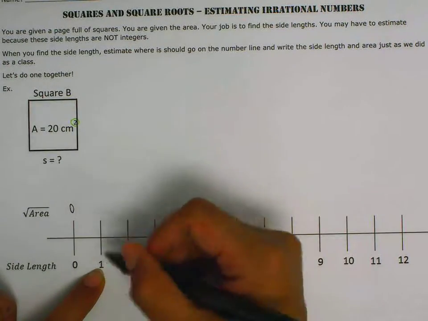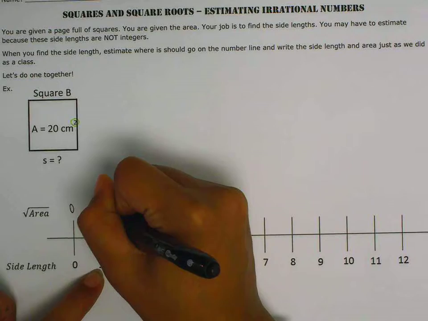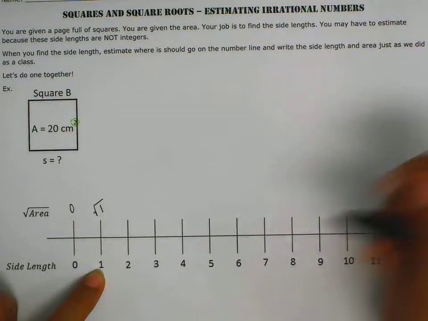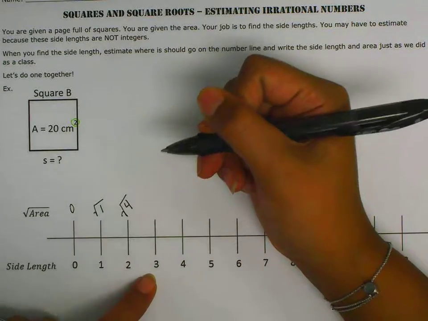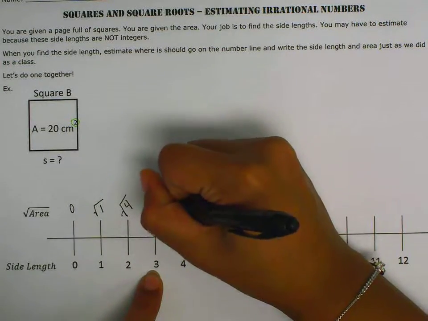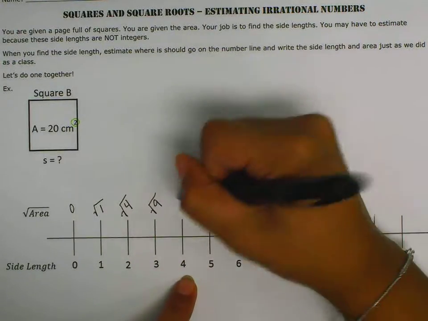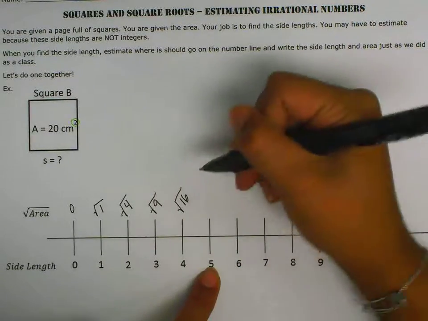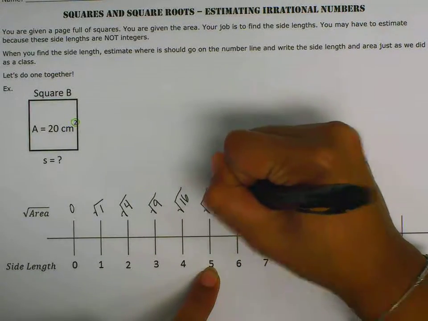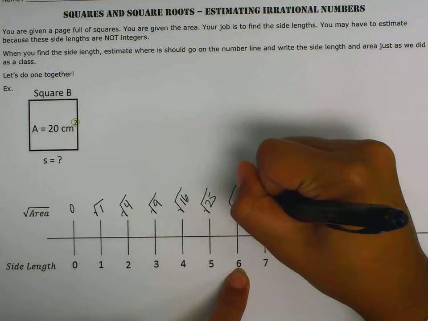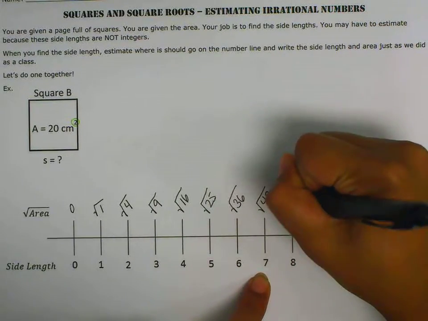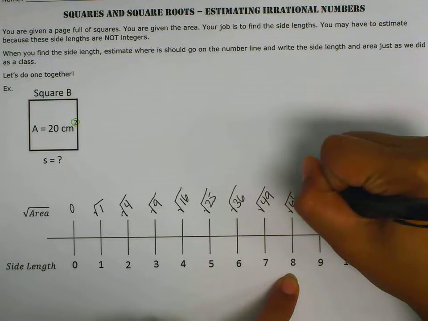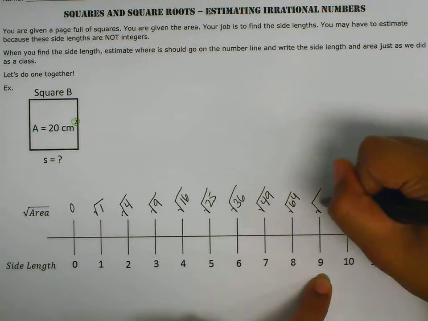1 times 1 is 1, which is the square root of 1. 2 times 2 is 4, which is the square root of 4. 3 times 3 is 9, which is the square root of 9. 4 times 4 is 16, 25, 36, 49, 64, 81.